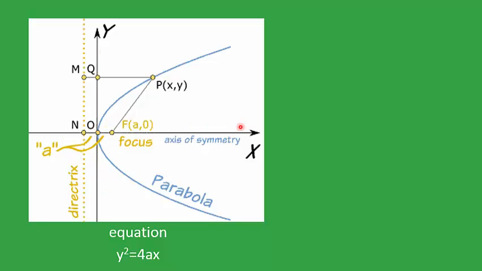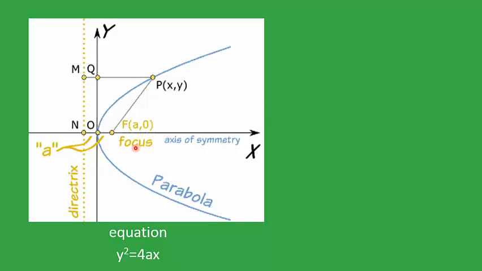Here we have the x-axis and the y-axis, the fixed point F is (a, 0), and the fixed line, called the directrix, is x equals minus a. This point is the vertex of the parabola, this is the focus, and this is the directrix.